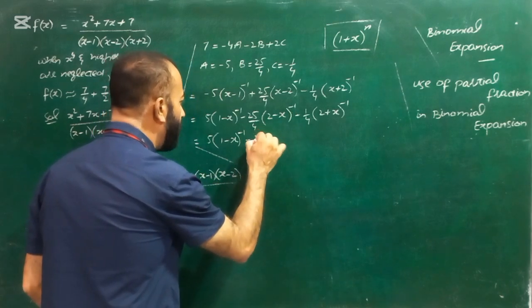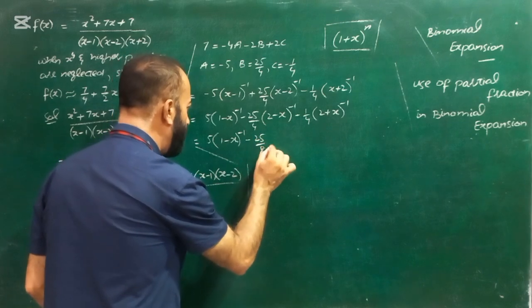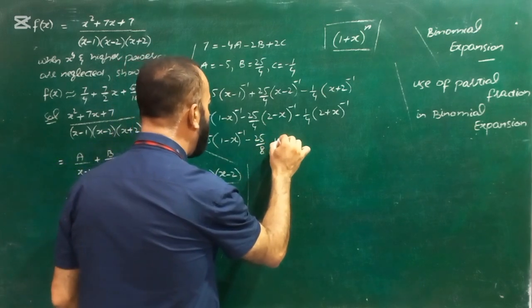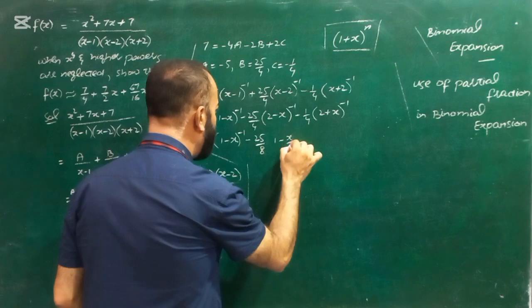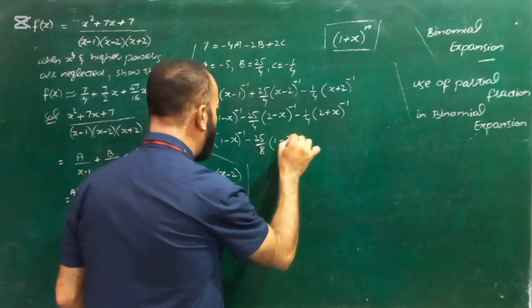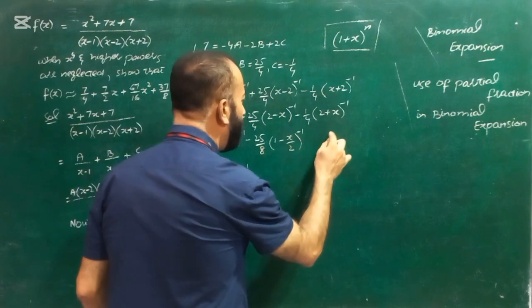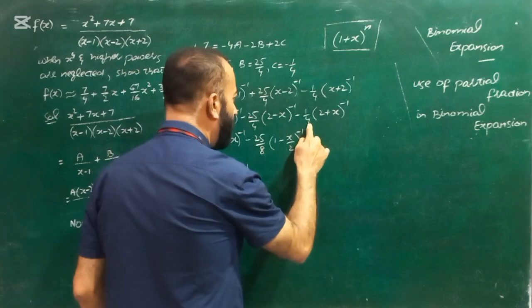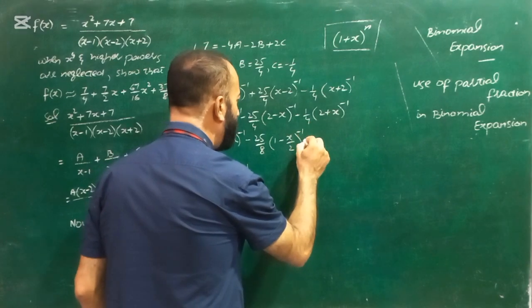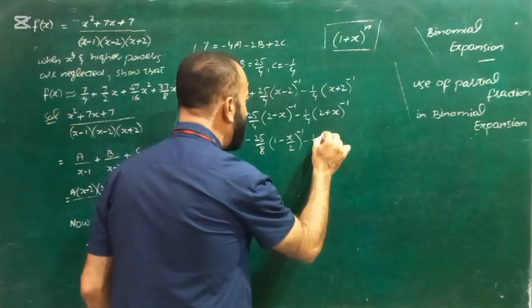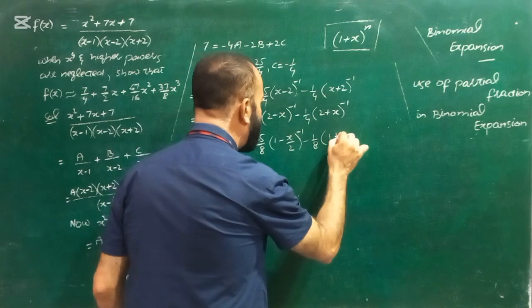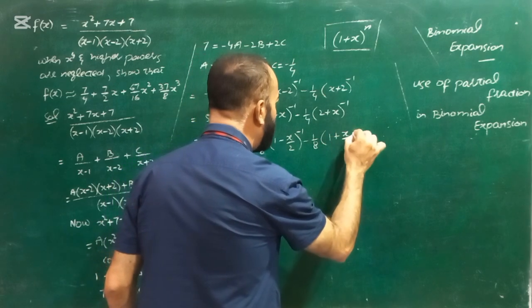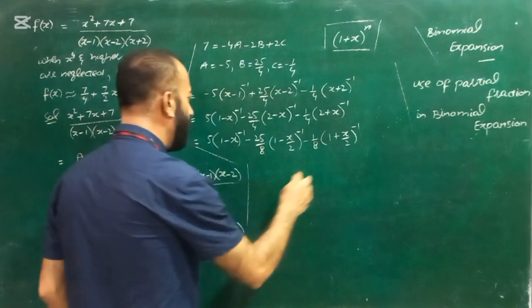So minus 25 over 8 into 1 minus x by 2 raised to the power minus 1. Again 2 will be taken from here, power is minus 1, so it will be multiplied by 4. So minus 1 by 8 into 1 plus x by 2 raised to the power minus 1.